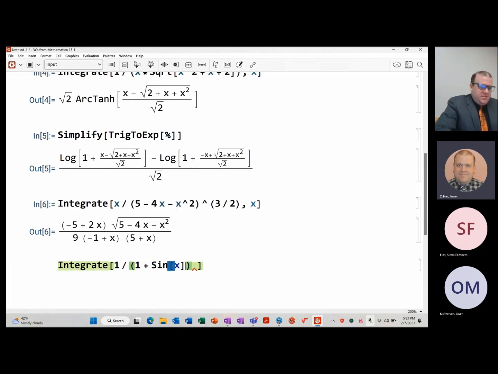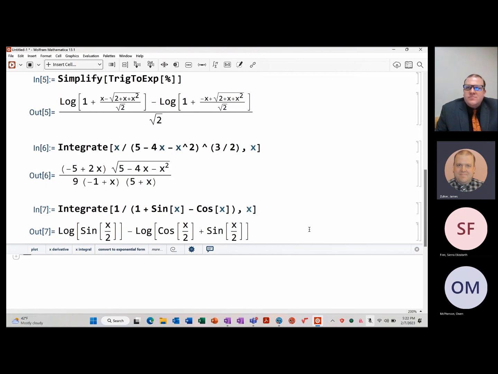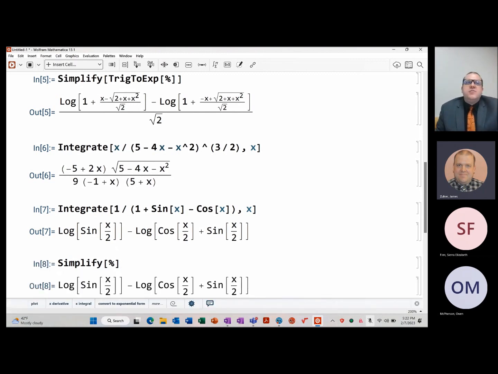One plus sine of x minus cosine of x. And again, pay attention to how they're being inputted. Now it doesn't want to simplify that.